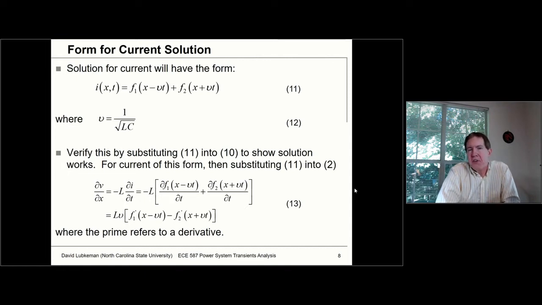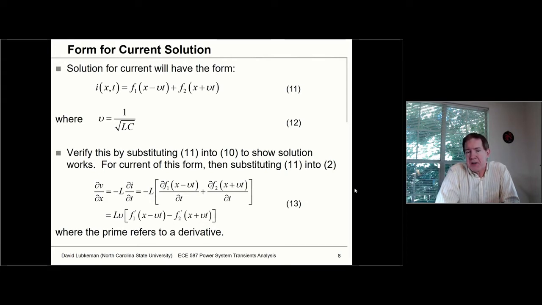And the reason I'm using v is that v is going to turn out to be a velocity term. All right, so if I substitute I as this function of f1 and f2 into my telegrapher equation, I'm going to find out that this basically works.